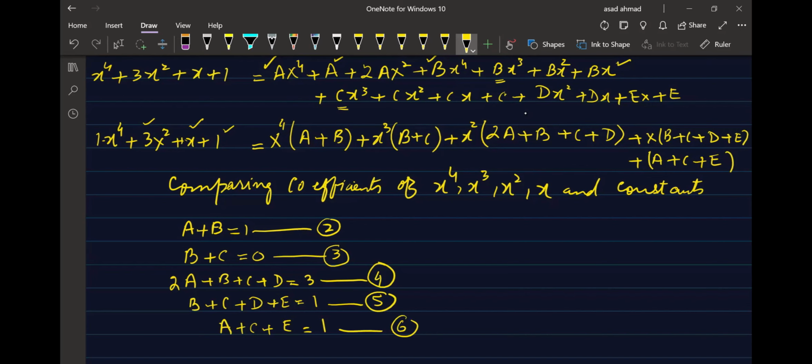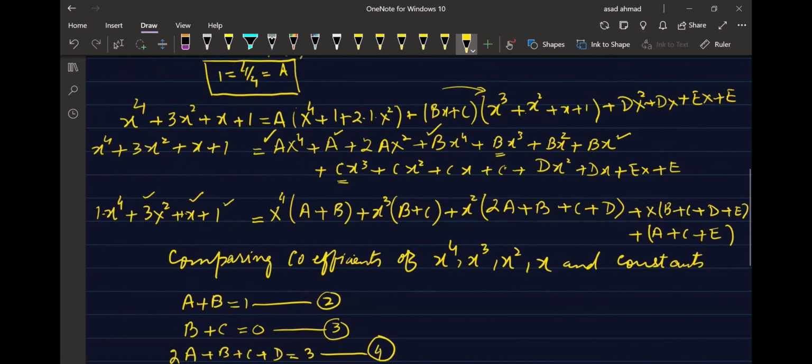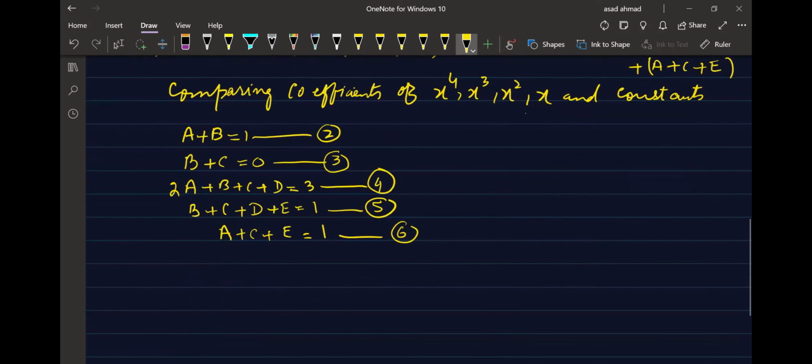So we have already calculated the one value of a, that is 1. So we will substitute in equation number 2 the value of a, that is 1. And from here we will be able to get the value of b. b is equal to 1 minus a. 1 minus 1 is equals to 0.